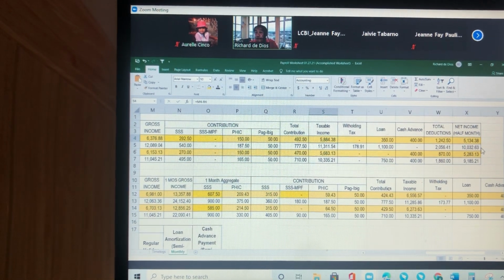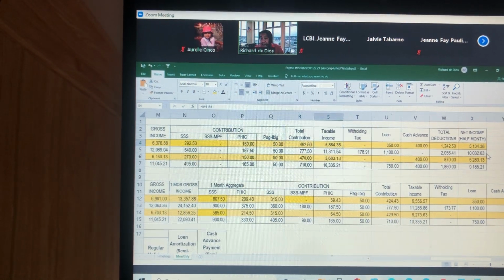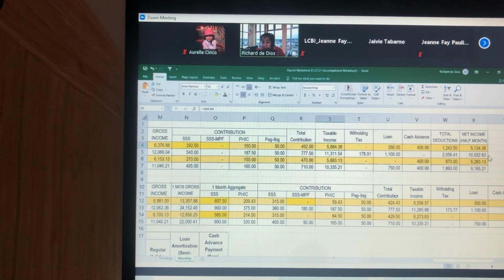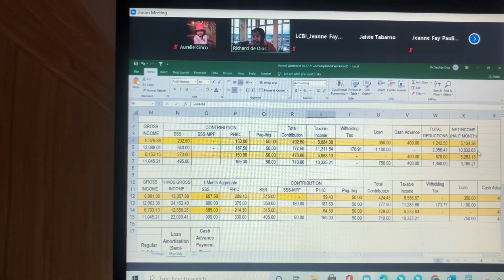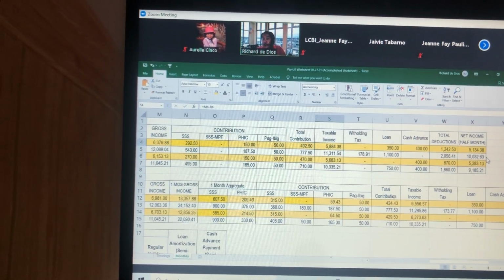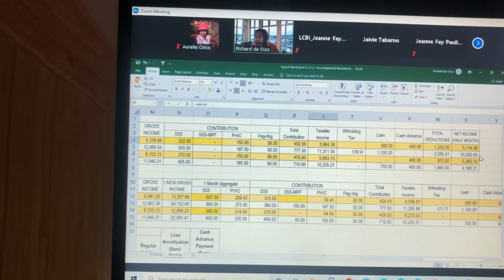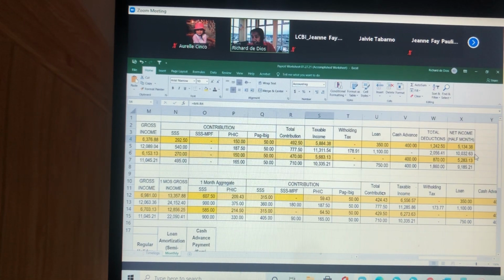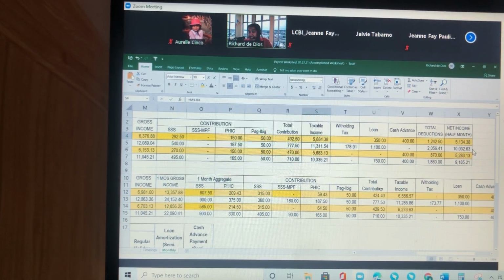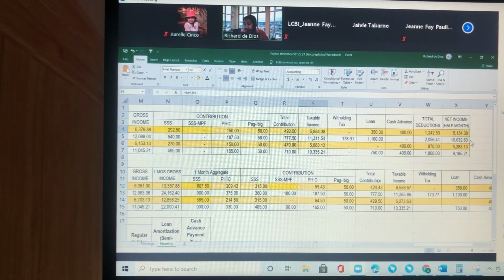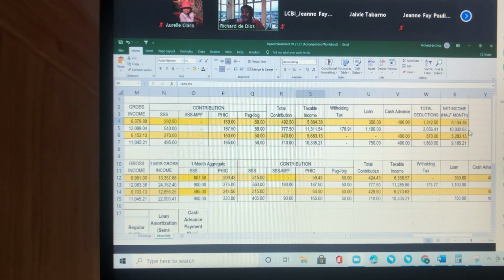Employee number 2 kailangan computan natin, right? Kasi, una, hindi siya MWE. Pangalawa, ang sweldo niya ay mas mataas sa 10,417. Remember po yung semi-monthly na pinakita ko kanina? Doon sa tax table, 10,417 yung cut-off. This is more than 10,417, right? It's 11,311.